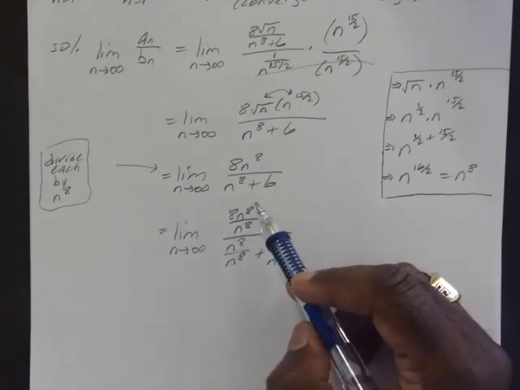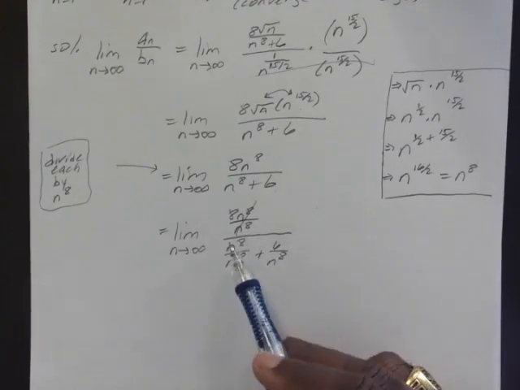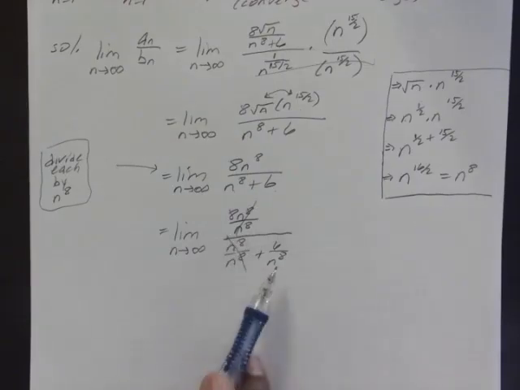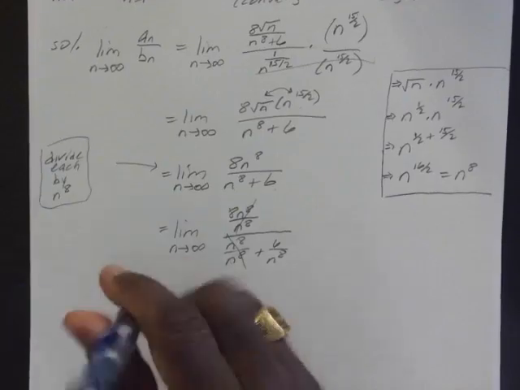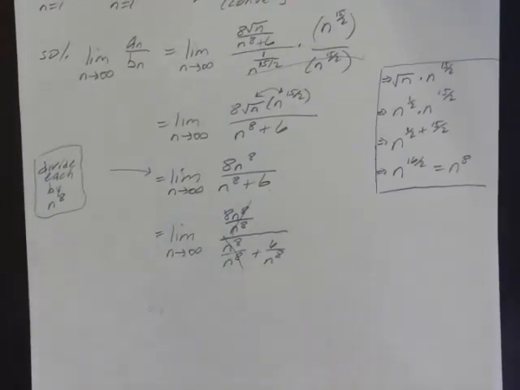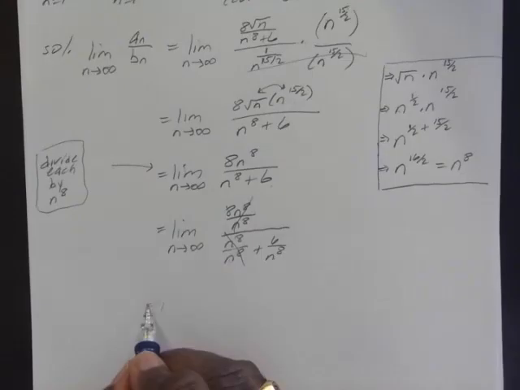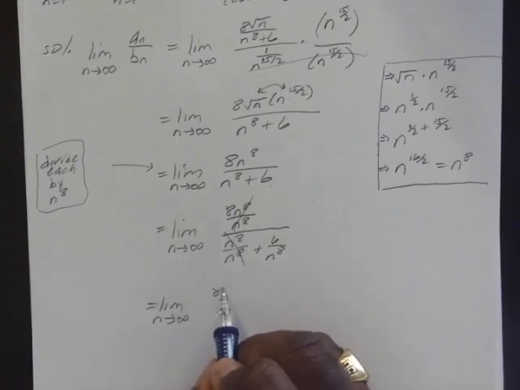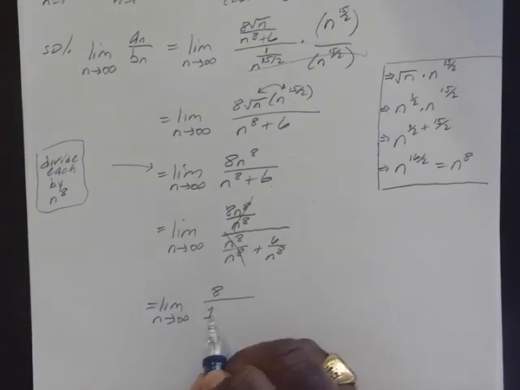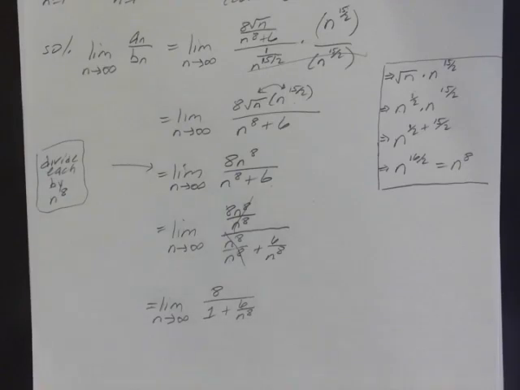All right, well, we can see these n to the 8th powers cancel each other out. So do these two. I'll make that equal sign just to keep it consistent. So that gives us the limit as n approaches infinity of 8 divided by 1 plus 6 divided by n to the 8th power.